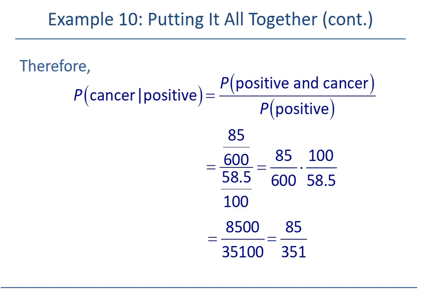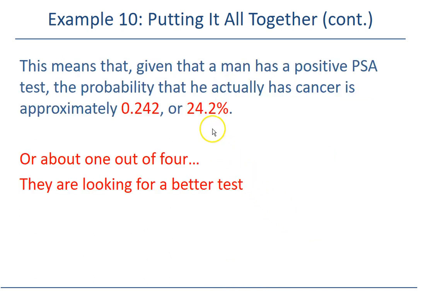Reducing it to this. You don't have to reduce it. We'll just knock off these zeros here. And you get this. And what is this about? Well, it's about 1 out of 4 that has a positive PSA test would actually have cancer.